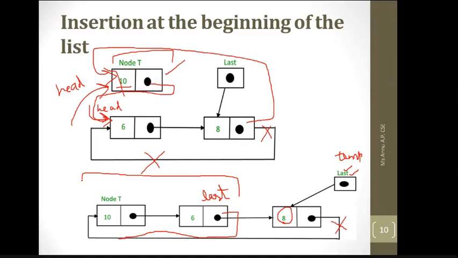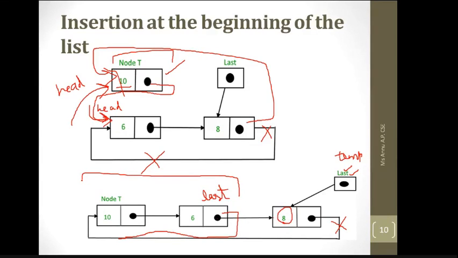And if we talk about the circular doubly linked list, then the insertion at specific position or deletion from specific position in circular doubly linked list will be same as we have performed on a simple doubly linked list.